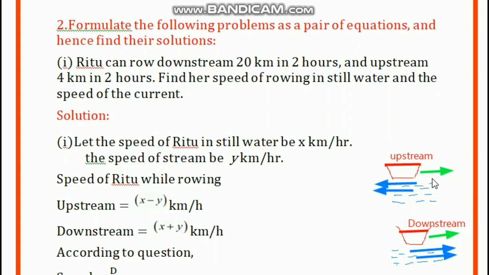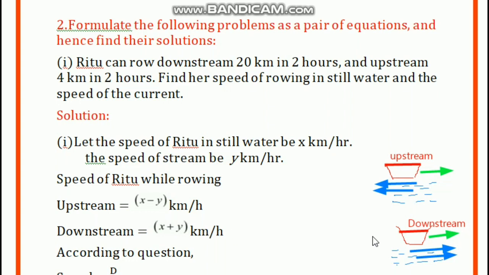Then what is the actual speed of the boat? The actual movement is 40 kilometer. Actually we need to subtract, so x minus y, the difference, then only we can find the actual speed, because the boat is moving forward and the water is coming backward. The difference of these two speeds is the actual speed. That is why here we took x minus y kilometer per hour.